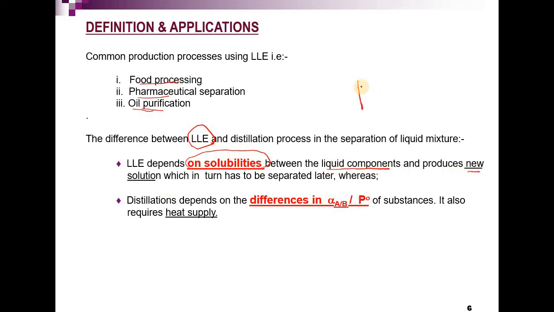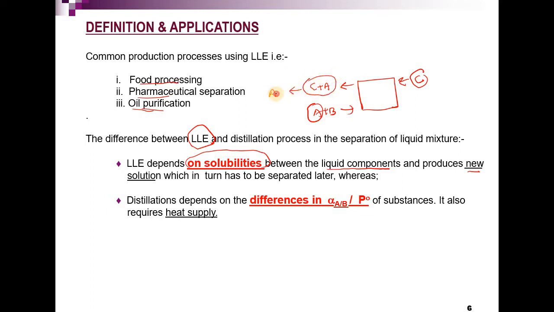For example, I have a mixture A and B. I want to separate A from B, and I have a solvent here. So the liquid extraction will depend on the solubility of A into C. Then it will become a product, we call it C plus A. So C plus A is a new solution. Later we will separate this and we will get A only.